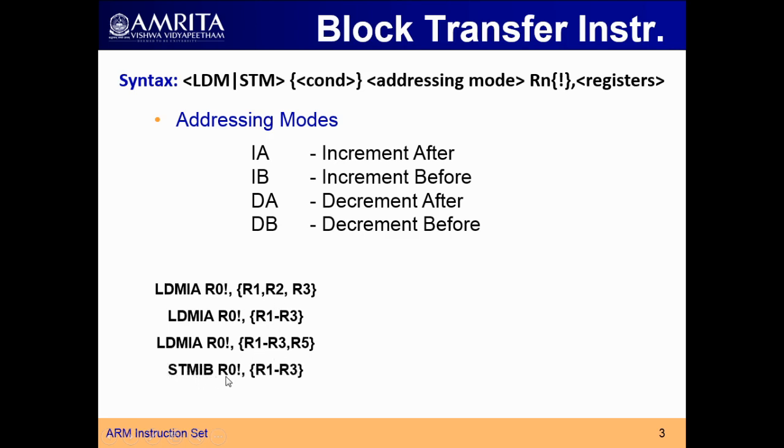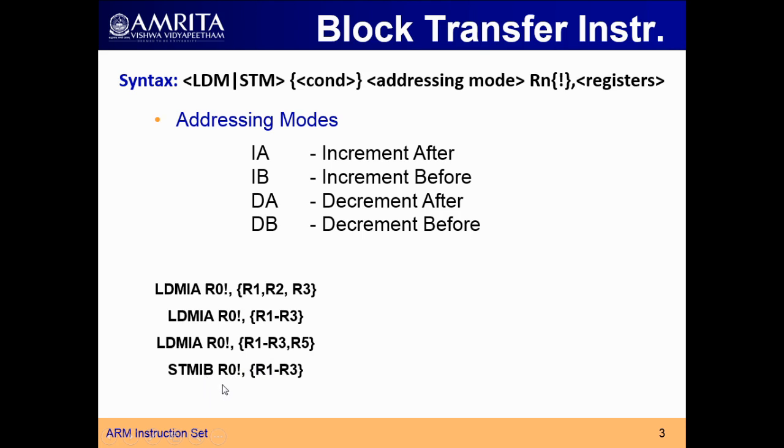And this is where you are using STM as the instruction. STMIB R0!, {R1-R3}. So what does it mean? First incrementing of the pointer will take place, then to that incremented address the content of R1 will be stored.